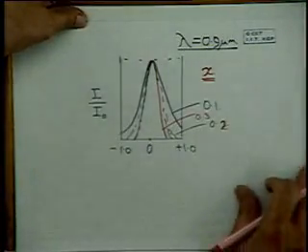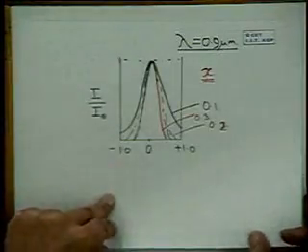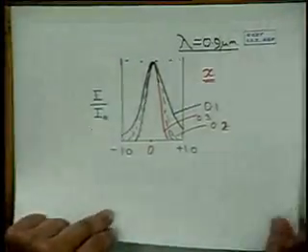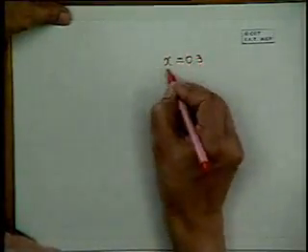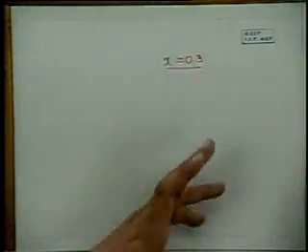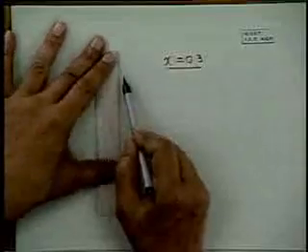Now, another variation one can show: suppose you keep X constant and vary D, then what happens? You can draw a similar modal pattern.